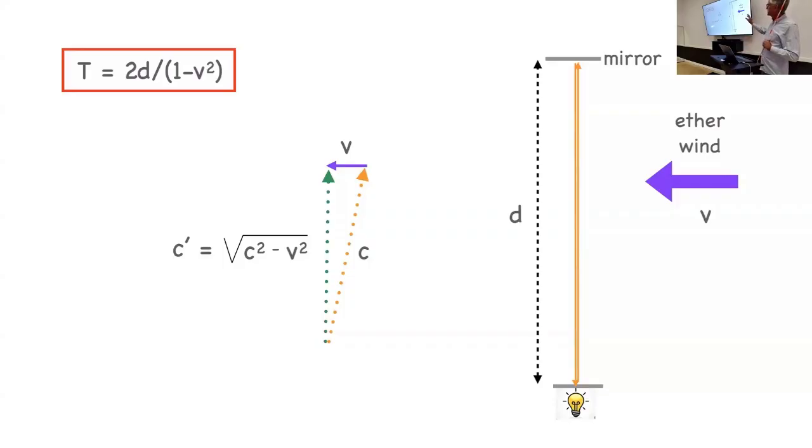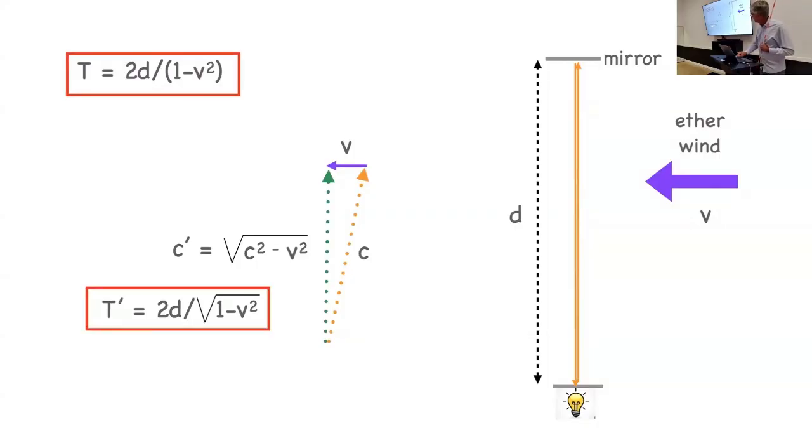It looks sort of similar to our first case, but now it's the square root. But again, let's put in c equals 1. And then this is T1, going outbound. In this case, it's the same concept coming back, so it's really just 2 times T1. So the total time is 2d divided by the square root of 1 minus v squared.